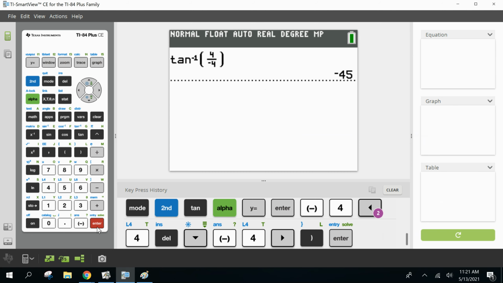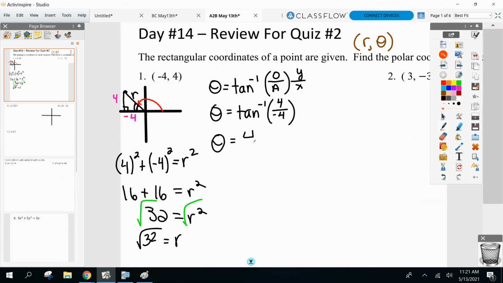Okay, it comes out to be -45, but remember, we always got to have positive degree measures. So just take the negative away and put 45. All right, so my angle is 45 degrees.